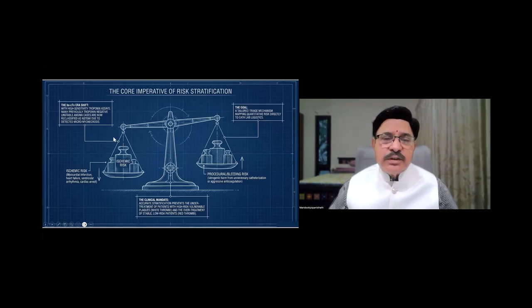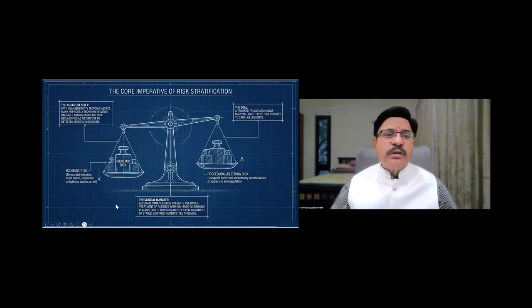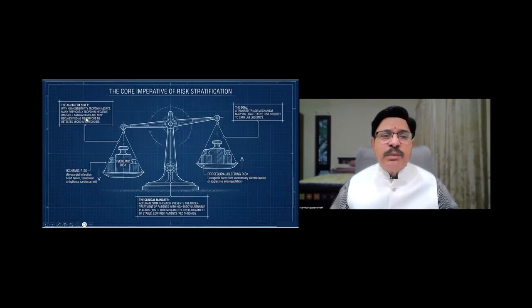How is the ischemic risk? Myocardial infarction, heart failure, ventricular arrhythmias, cardiac arrest. Now, in the high sensitivity troponin era, many previously troponin negatives, which were called unstable angina, have now become NSTEMI patients because of micronecrosis.